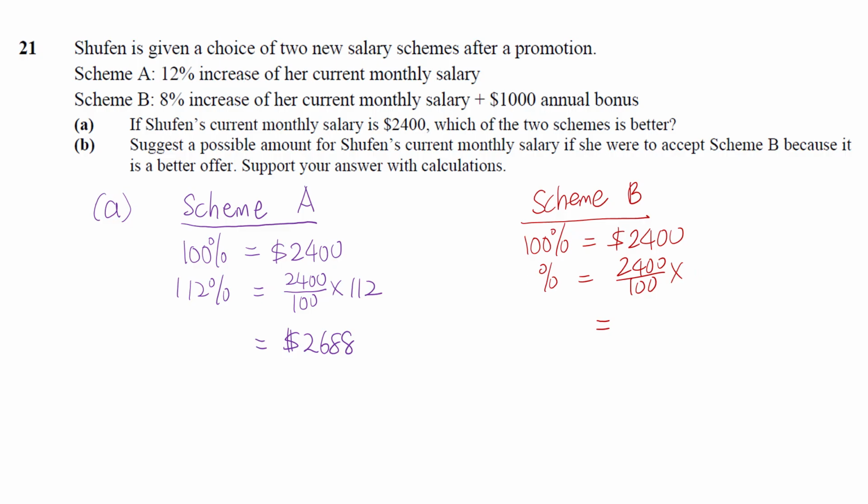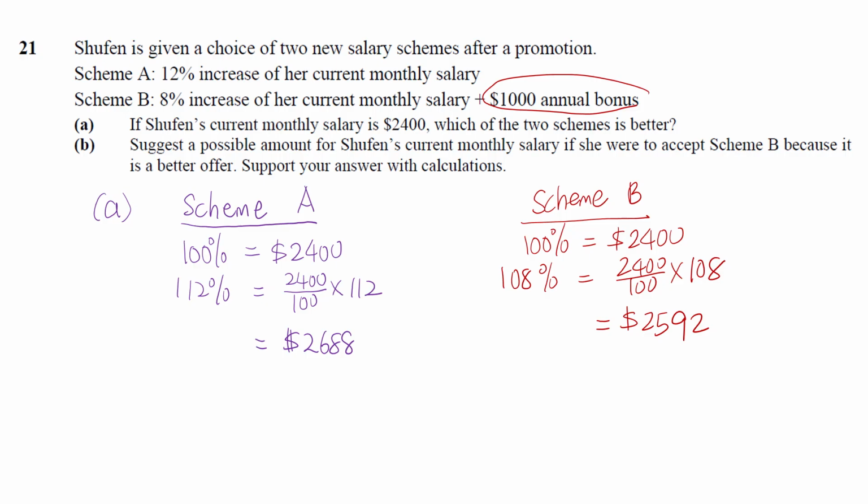We can find 108% straight away. And that gives you 2,592. Okay, so this 2,592, and she's given an annual bonus of 1,000.